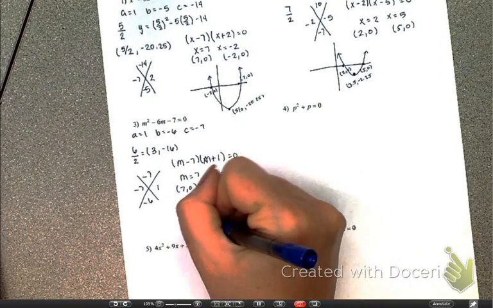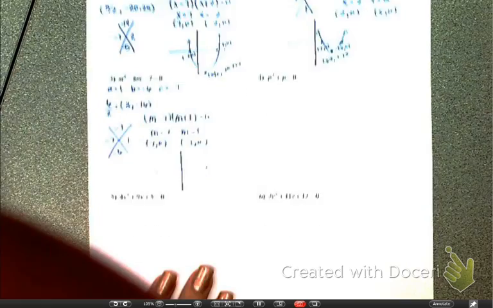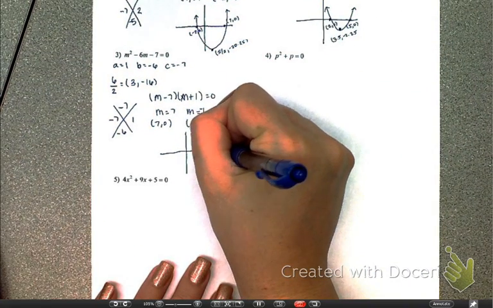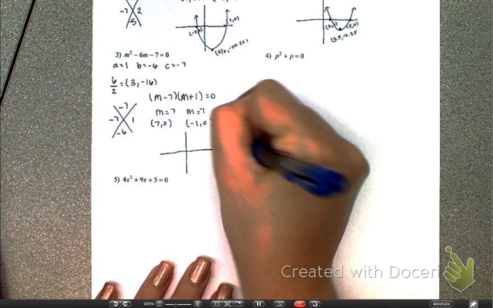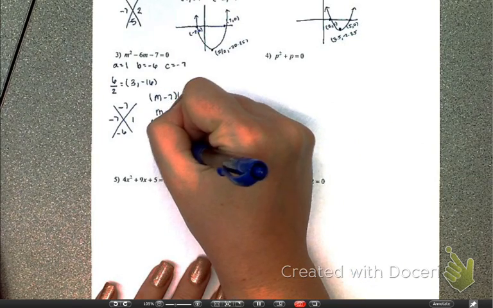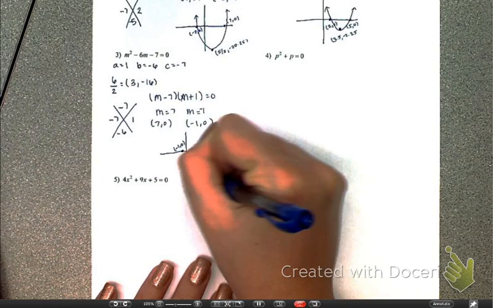So when I go to sketch, again, this is going to work out a whole lot nicer. The only thing is that negative 16 wouldn't fit on a normal graph. So 7, 0 is this first point, negative 1, 0 is that point, and we're just going to say that the point is at 3, negative 16 down here.